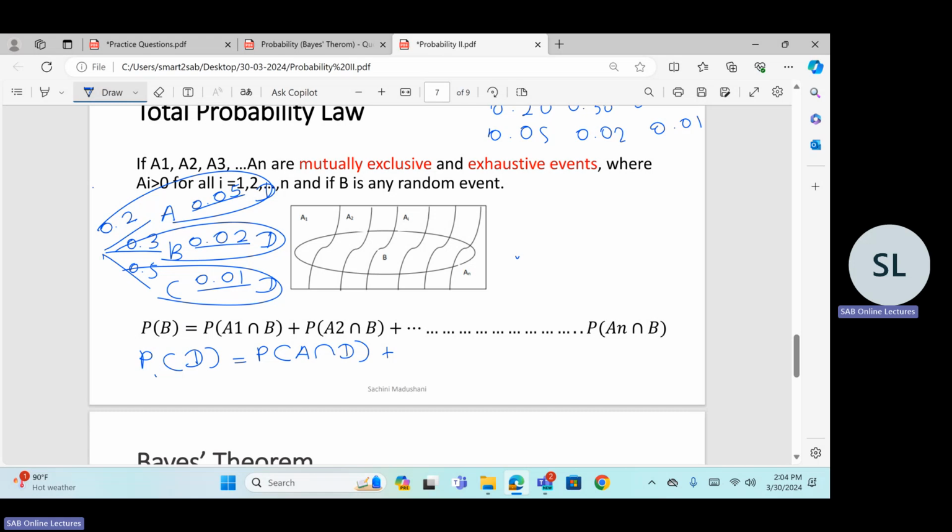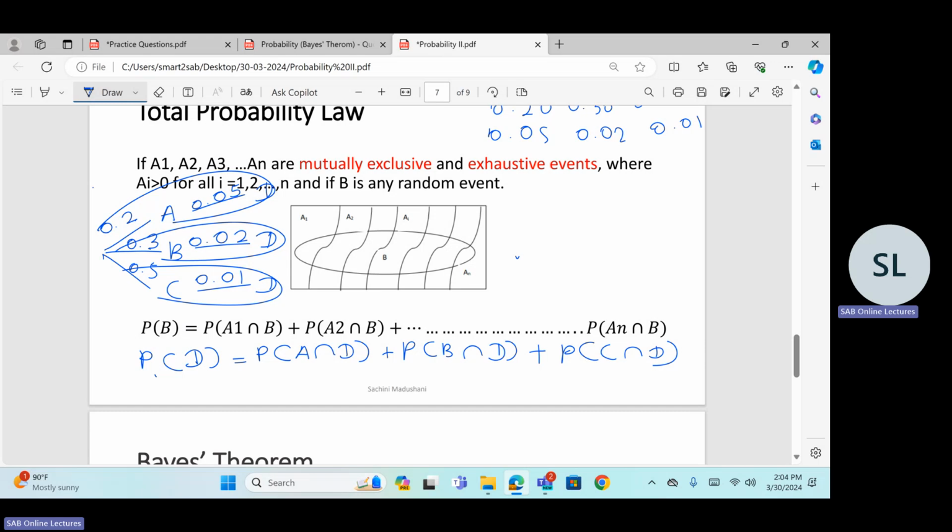That is the concept here, intersection. The second one is B intersection D, plus the other one, C intersection D.